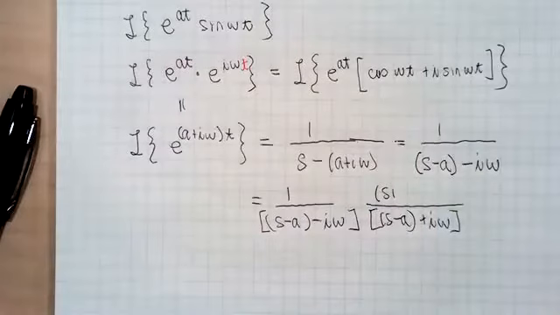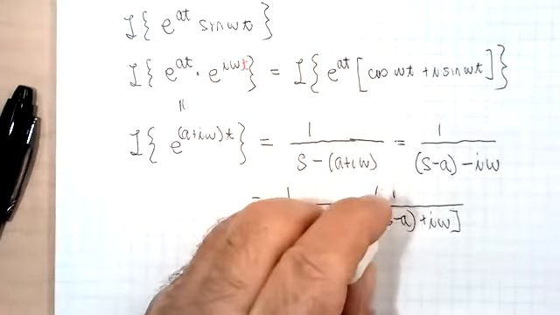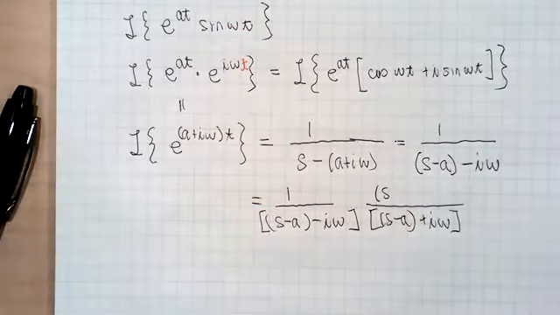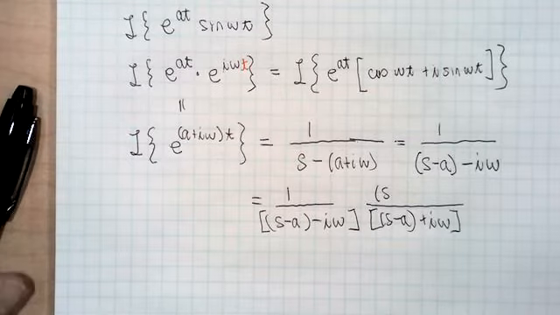Whoops. Started to write a plus. And it's not plus. S minus a plus I omega.